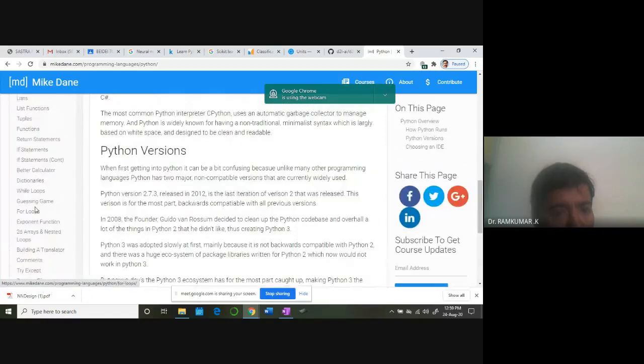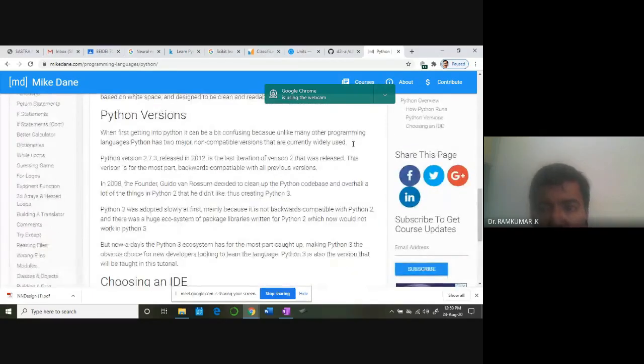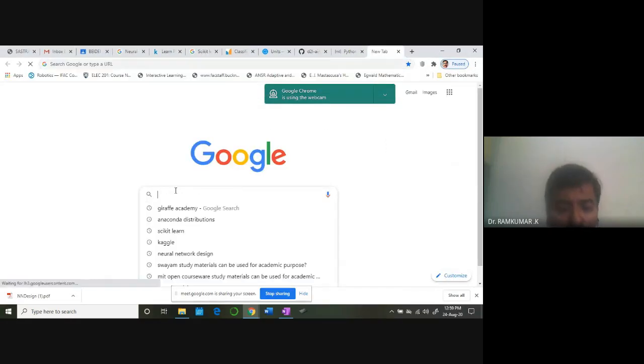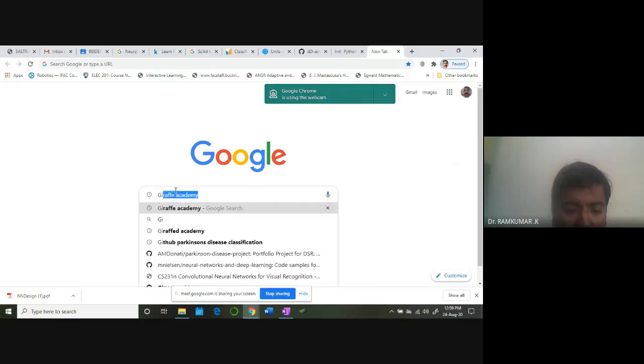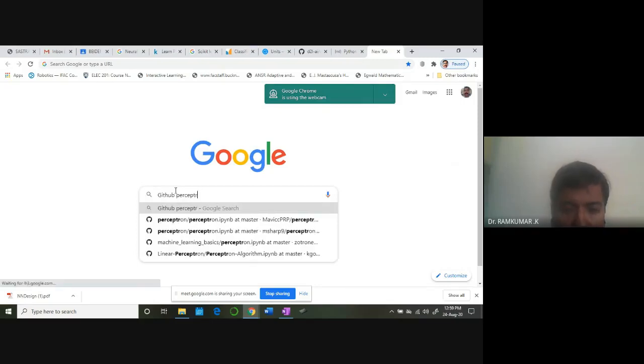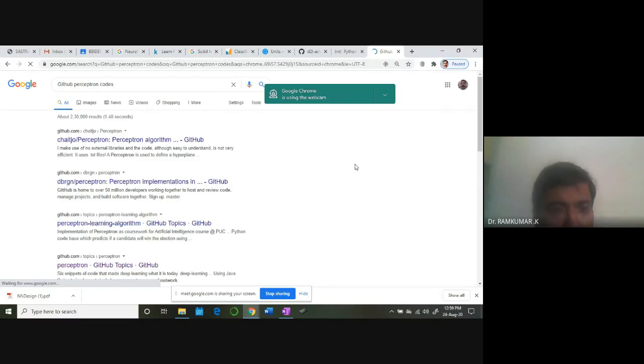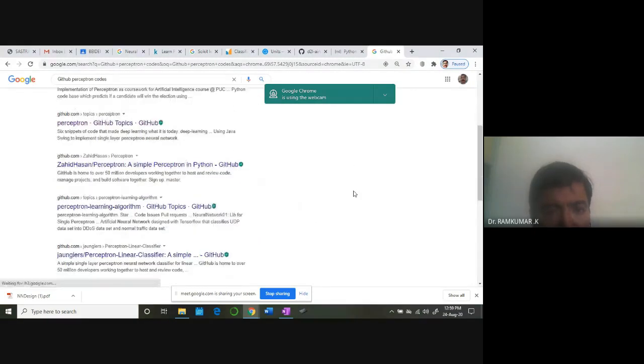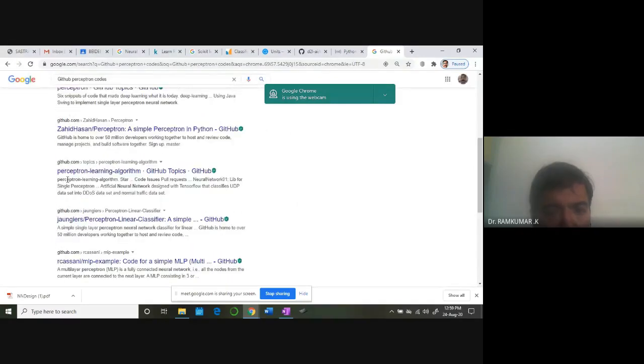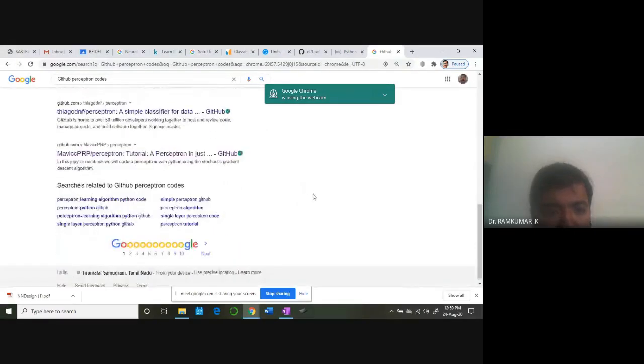Then go for GitHub coding. For example, if you want to get some good code, just type in GitHub perceptrons. You get a lot of results. The online community is very active. All these GitHub repositories are there, and you can use the code and refer to it.